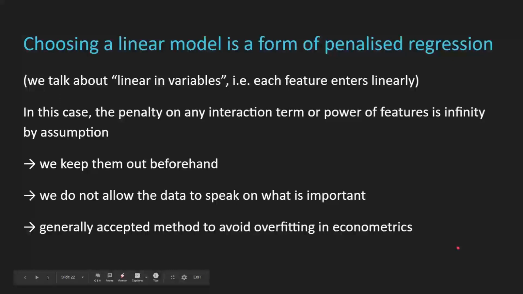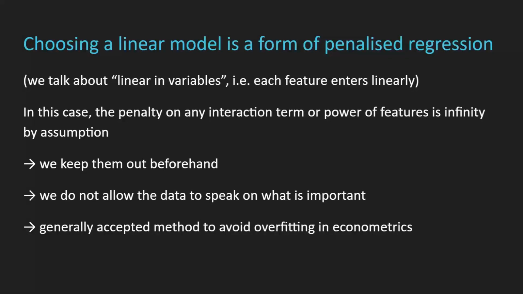Well, choosing a linear model that we are used to in the context of usual econometric analysis is actually some form of penalized regression. Choosing a linear model means linear in variables, so we don't include any features like squares or interaction terms. But what does it really mean?